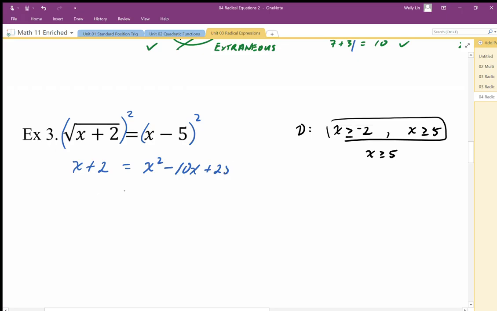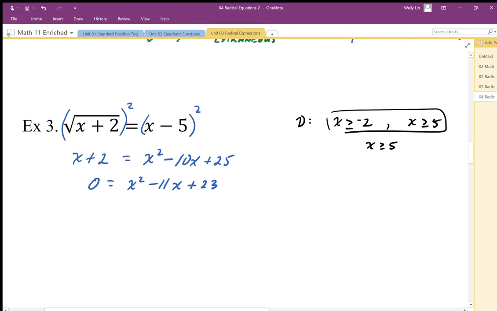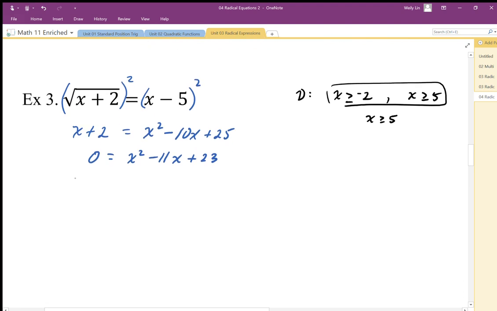It's a quadratic, so make that equal to 0: subtract x from both sides, subtract 2 from both sides. Now 23 is a prime number, so there's not much choice here to factor. It's not going to solve by factoring, so I'm going to solve this by quadratic formula.